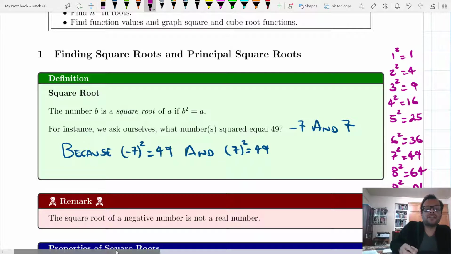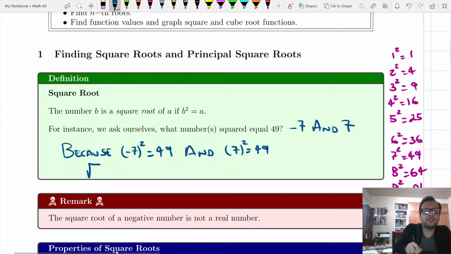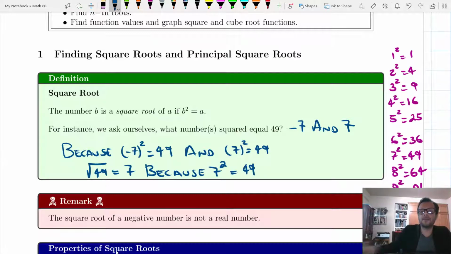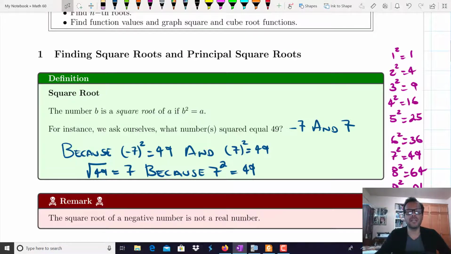The notation for this is the square root of 49 equals 7 because 7 to the second power equals 49. So that's how we go with the notation for radicals.